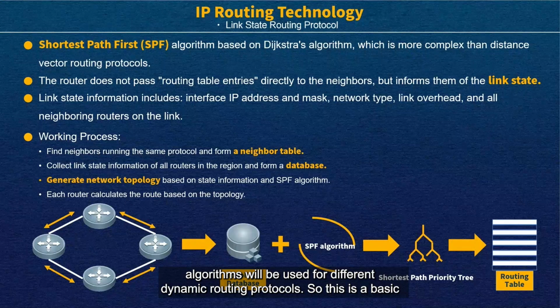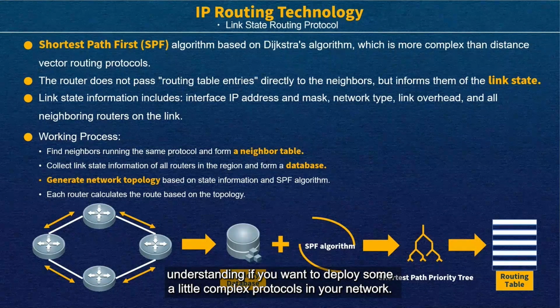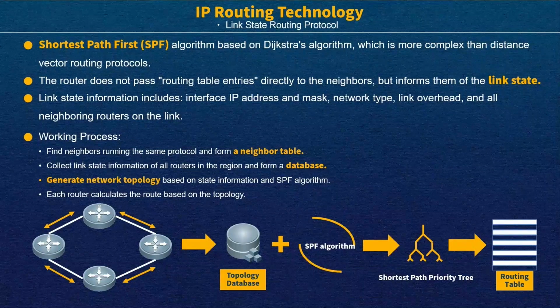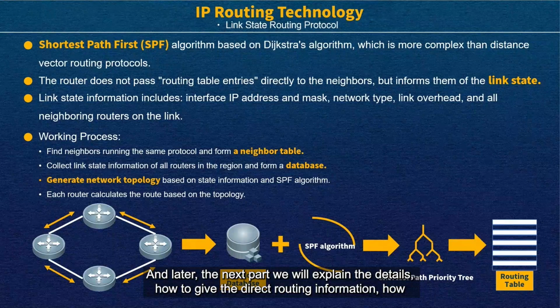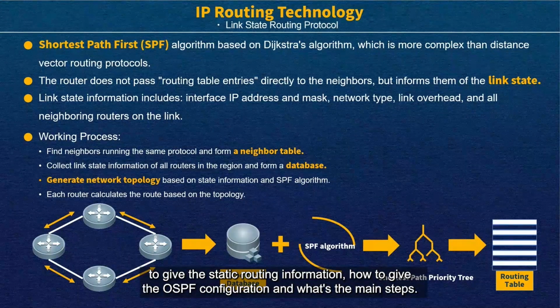So this is a basic understanding if you want to deploy some slightly complex protocols in your network. And in the next part, we will explain in detail how to configure direct routing information, static routing information, and OSPF, and what the main steps are.